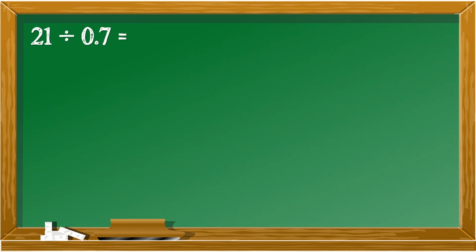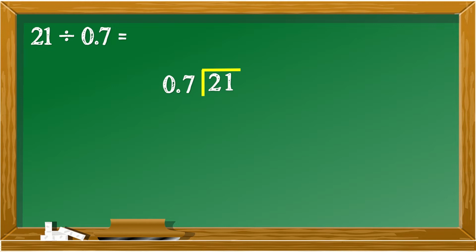21 divided by 7/10, wherein 7/10 is our divisor and 21 is the dividend. But we cannot divide with a decimal.